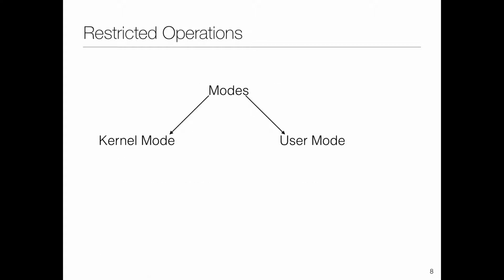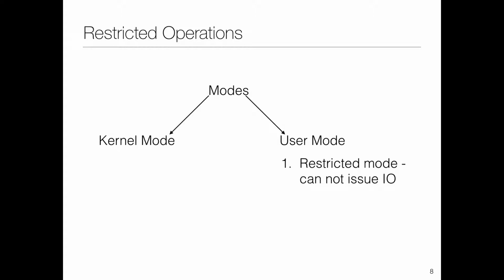And we saw that we can mitigate this by having two different modes, a user mode and a kernel mode. So during the execution of the process, the CPU can be in one of these two modes at any given point of time. And we can probably think the CPU will have a bit corresponding to which mode it's executing in.